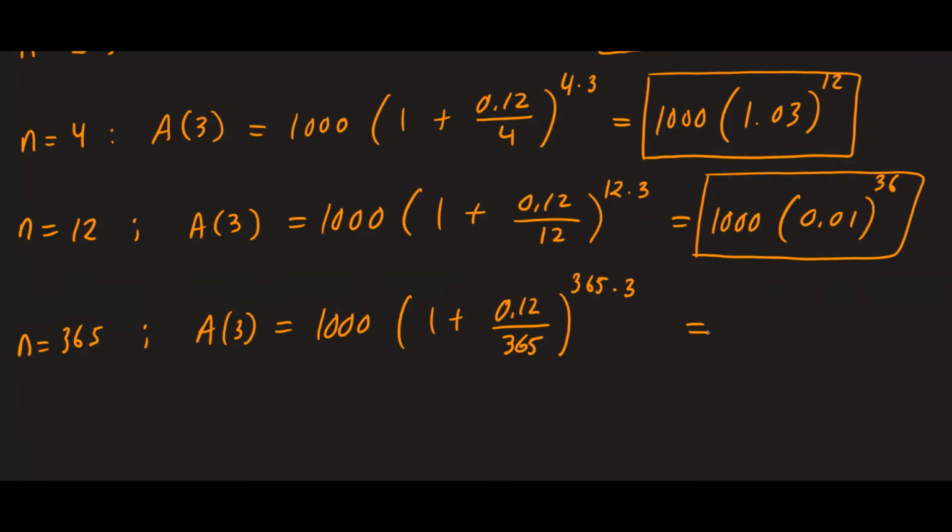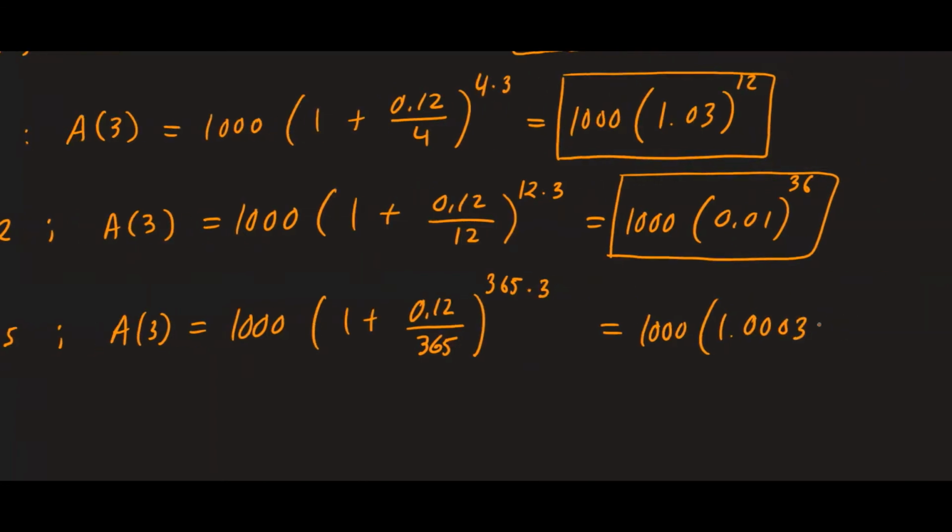So again, you probably need to use a calculator for this. If I do 0.12 divided by 365, I get a very tiny decimal. So I have 1,000 times 1.00033 to the power 365 times 3, that would be 1,095. It's a pretty big number.